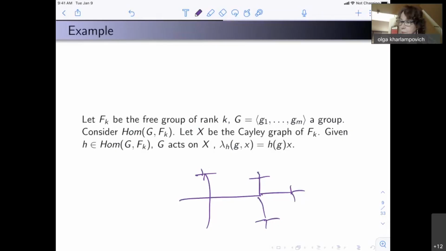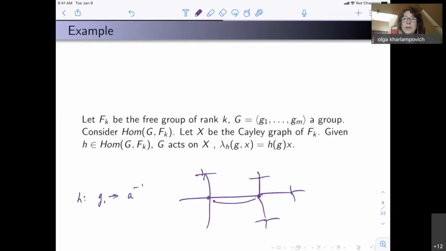So if x is a point of the graph, we just move this point on the left by h(g), the image of element g under the homomorphism h. So for example, if h takes g_1 into, let's say, a inverse, then this point is going to be moved here.